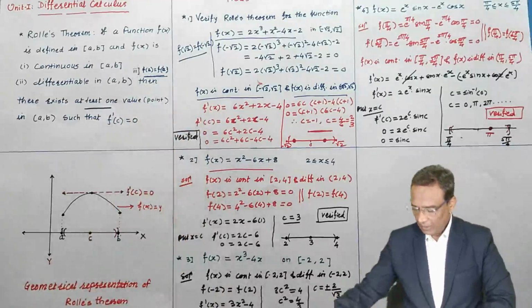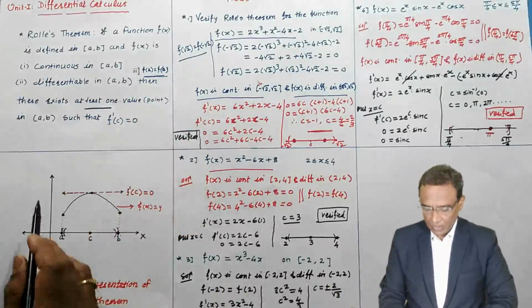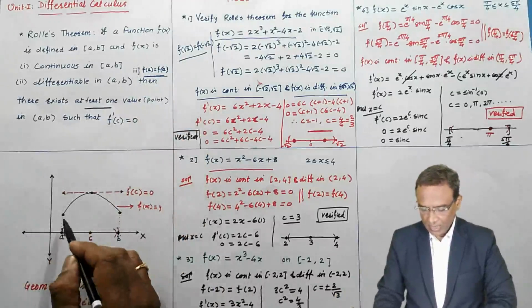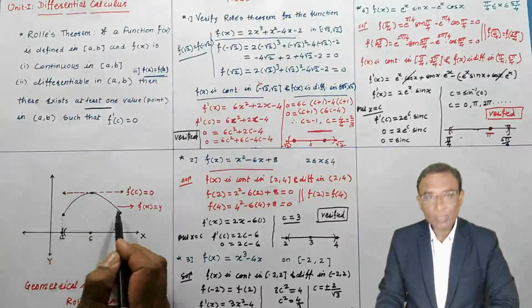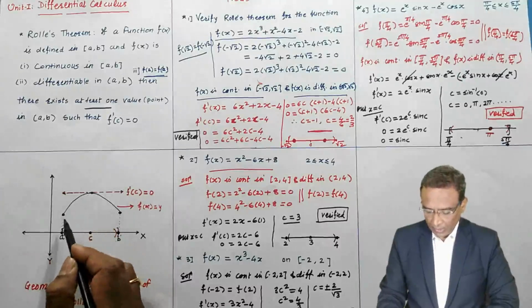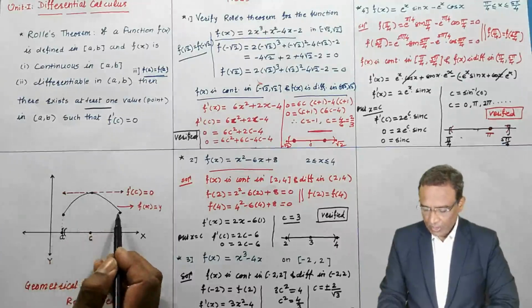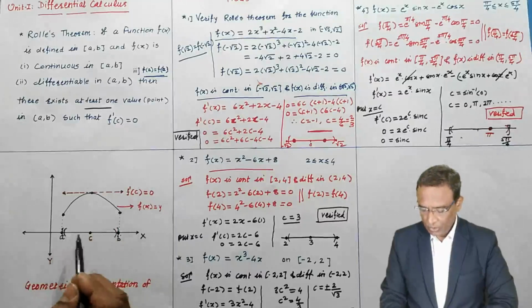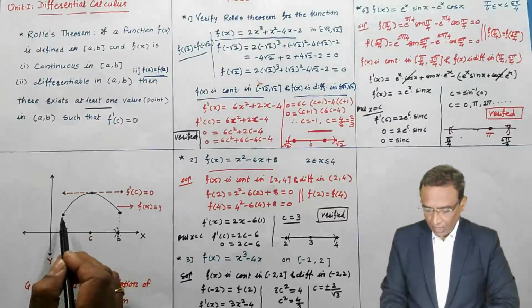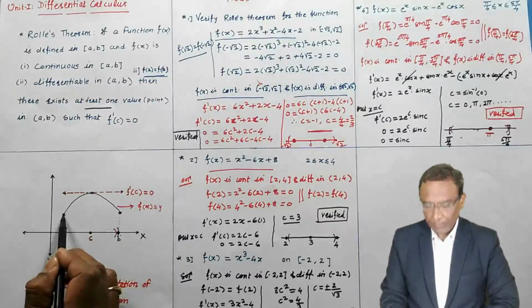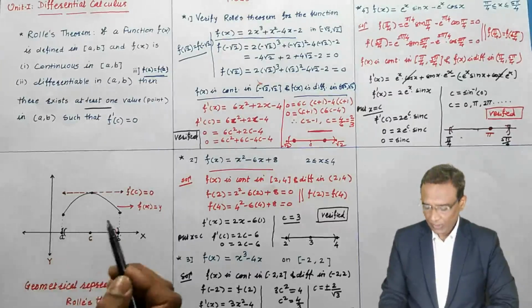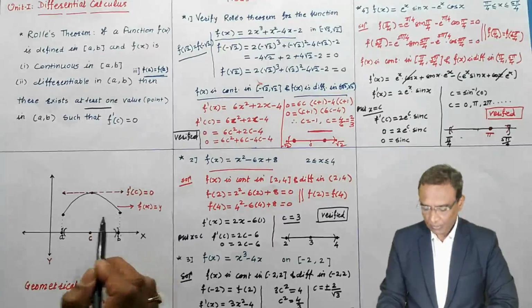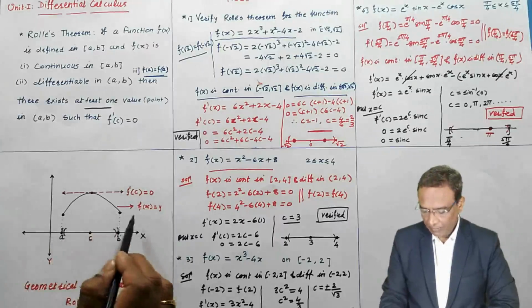Geometrically, I explained this. This is the y-axis, this is the x-axis, and this is the blue curve I have drawn. These are the end points. The curve is defined on the closed interval [a, b], and the value of the function at x equal to a and at x equal to b is the same.